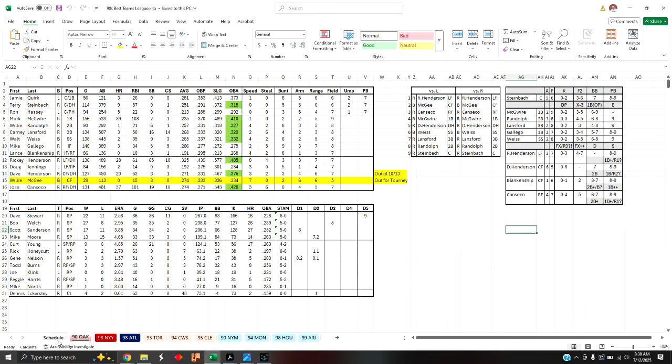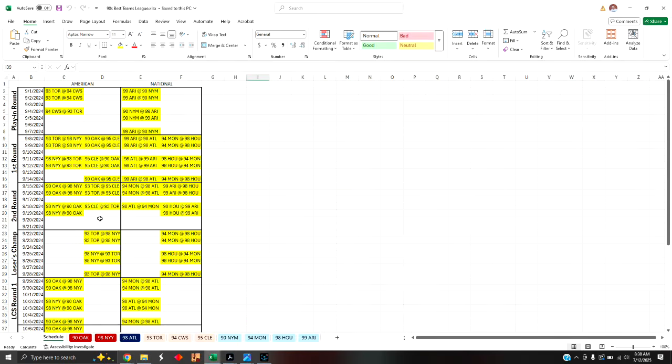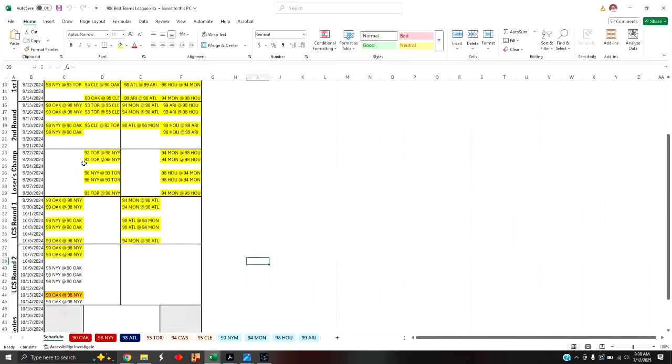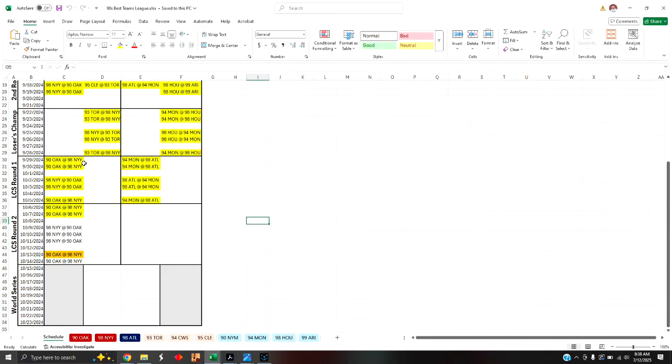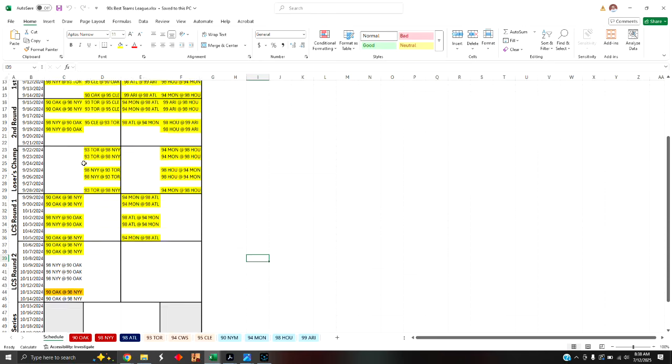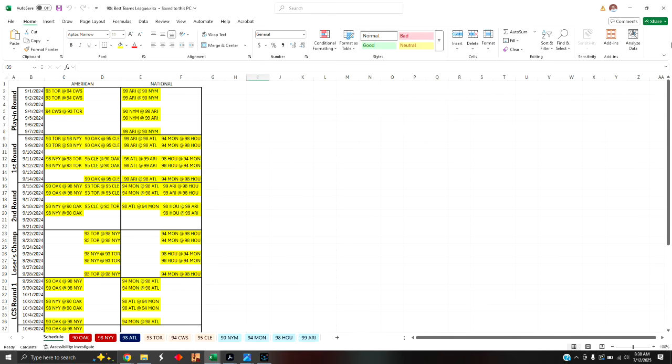Just to give you an idea, here's the schedule. And you can see we started in September 1st, 2024 is the quote real date that I started on. And then I have off days built in just like it were real playoff games and that kind of thing. So you can see that I've basically scheduled this out so that I know what days games are taking place.